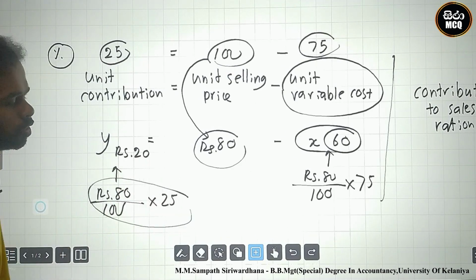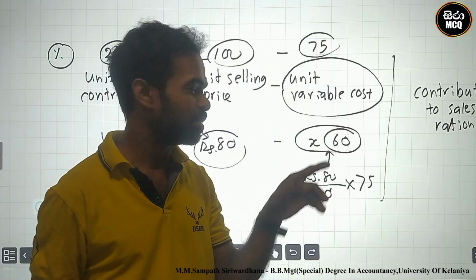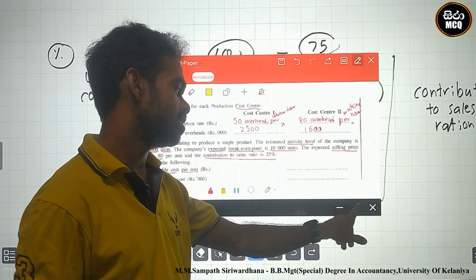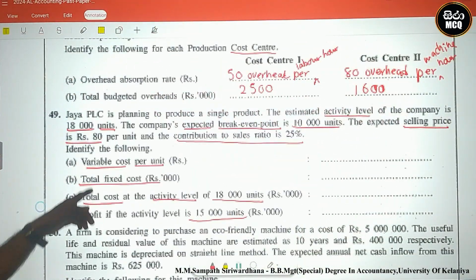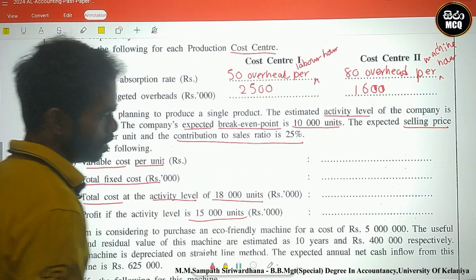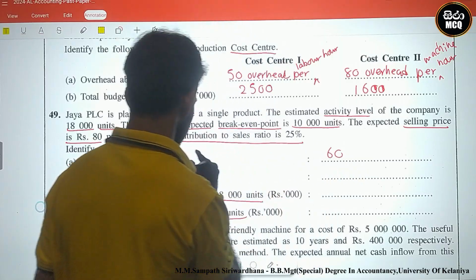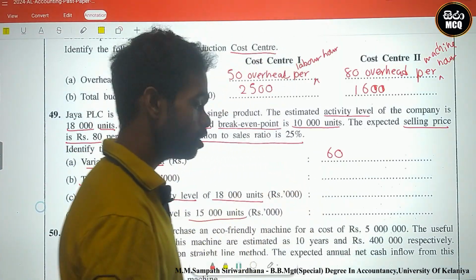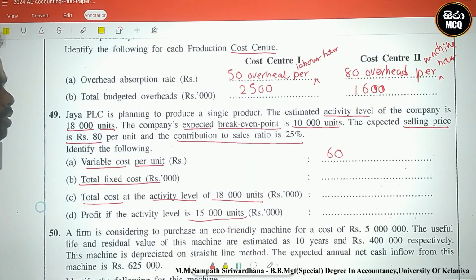This is the unit contribution. Unit variable cost is 60. We can directly write the answer: variable cost per unit is 60. Rupees is already given in the question, so I write 60. Okay, next one, total fixed cost.